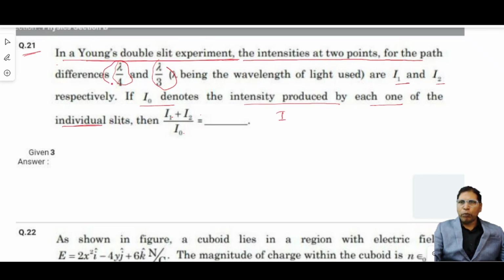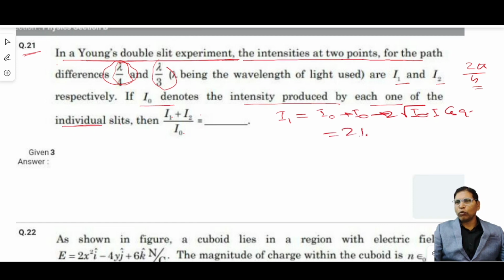As lambda by 4 is the path difference, so 2 pi by 4 is the phase difference. This is pi by 2. So look at this, I1 equals I0 plus I0 plus 2 into root under I0 squared cos 90 degrees. So this is 2 I0.